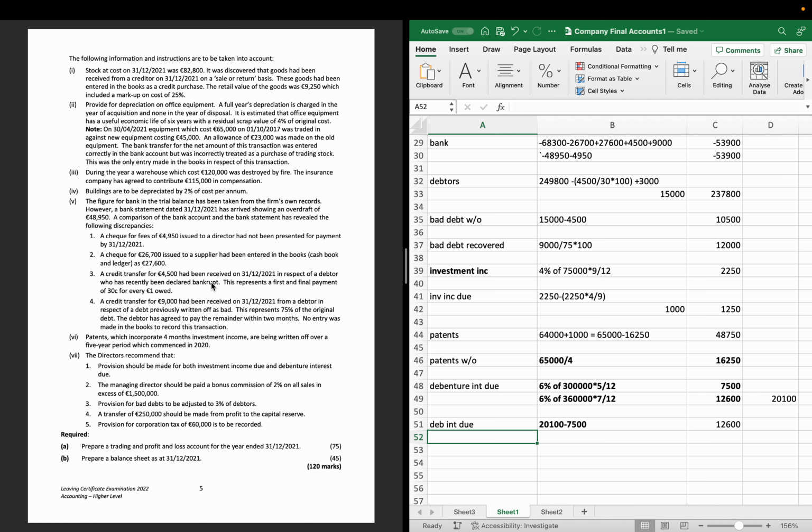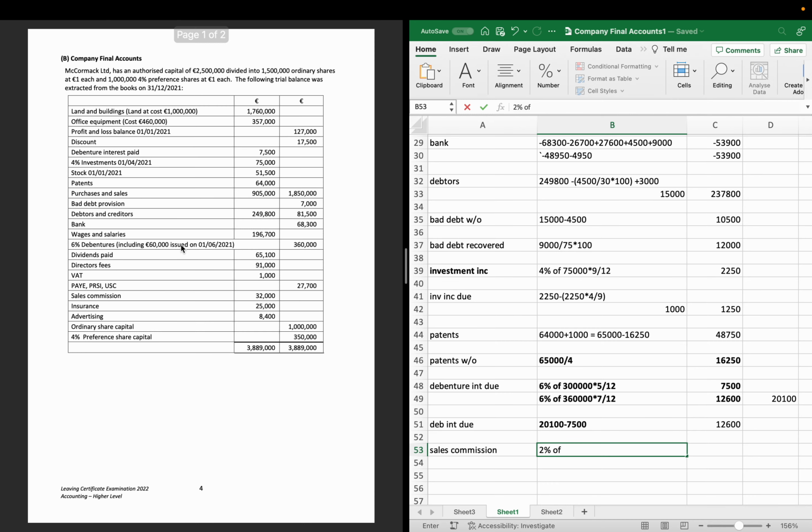All right, the managing director should be paid a bonus of 2% of sales in excess of 1.5 million. So sales commission is 2% of money in excess of 1.5. So it's 2% of 350. Should be 7,000.